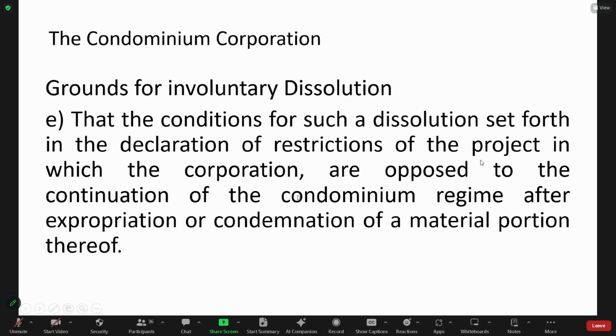Alright. But sabi lang, if the conditions of the declaration of restrictions are followed, and then it's expropriated and condemned, then it's a ground for involuntary dissolution. Example.